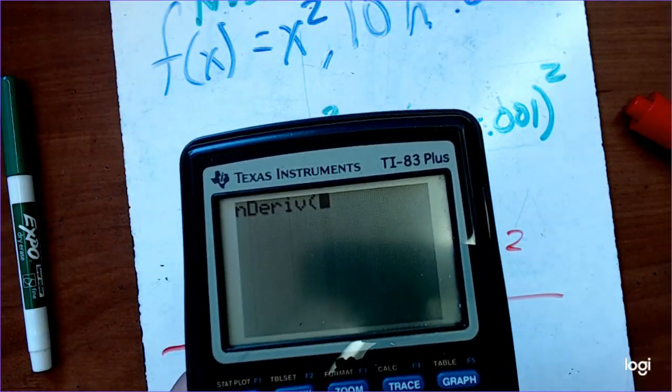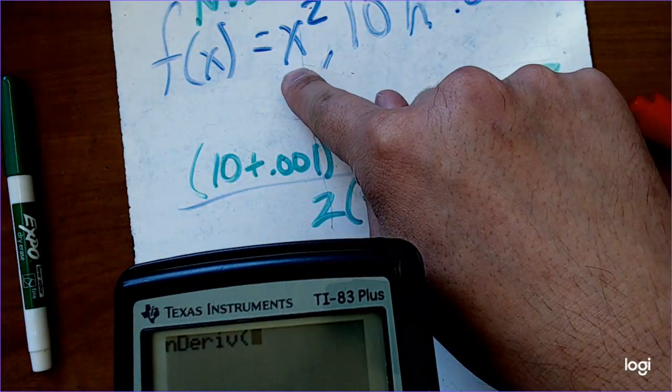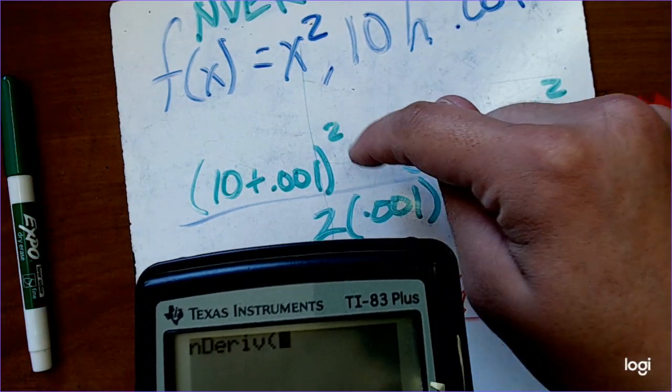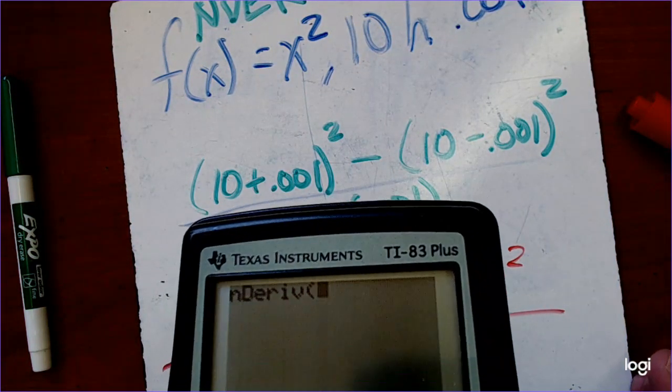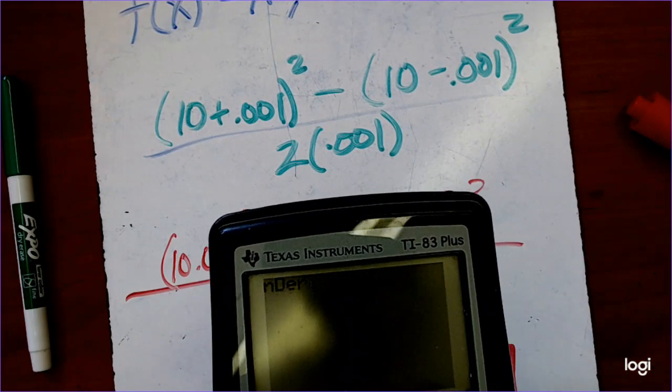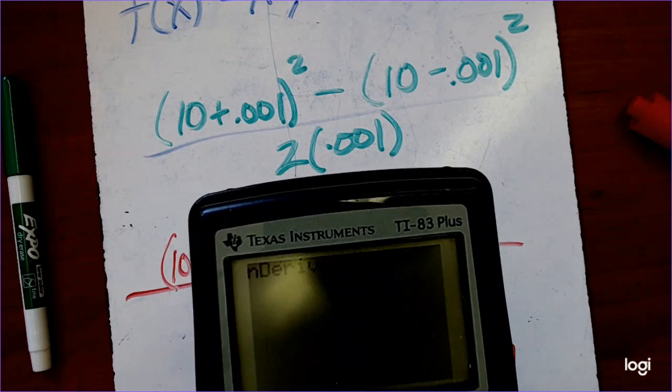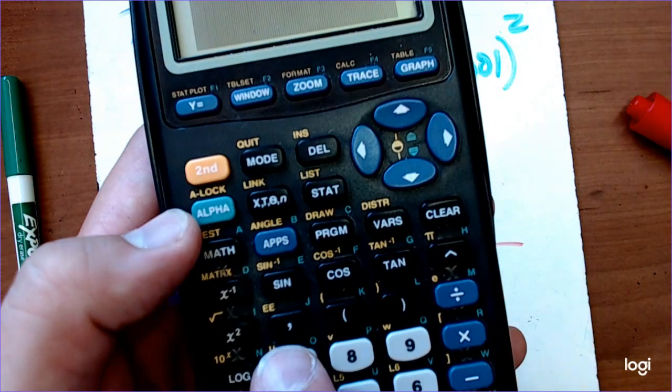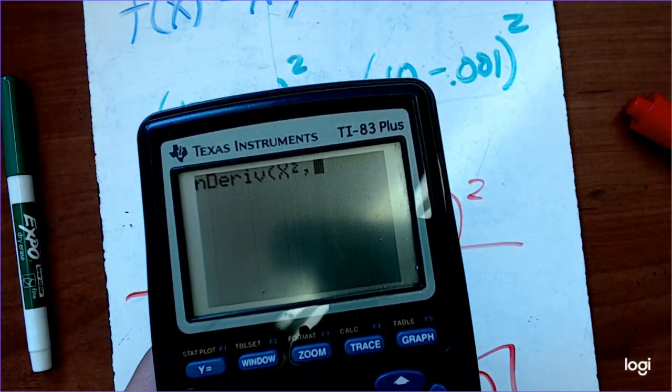Now, I'm going to more or less type in this notation with an extra piece in the middle, because calculators are kind of funny. So we're going to do the nDeriv of x squared. Then I'm going to put a comma. The comma button's right here above the 7. So I've got nDeriv x squared comma.